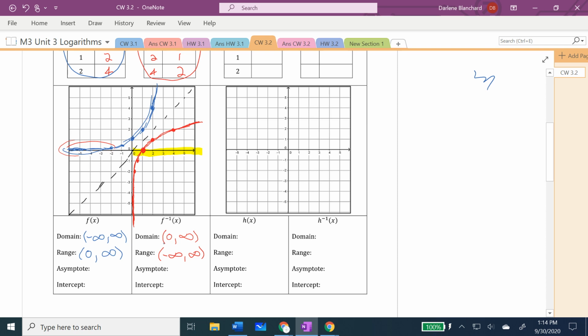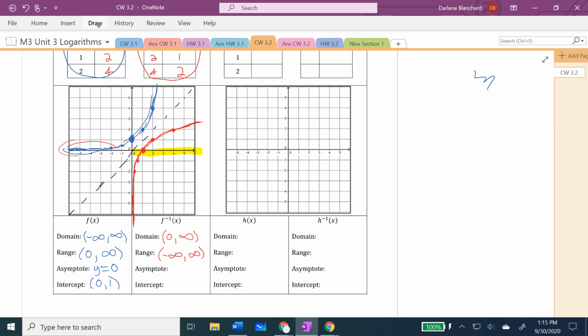So I want you to take a good look at how these are swapped domain ranges. On the exponential graph, you had a horizontal asymptote. The equation is y equals 0 for that horizontal asymptote. The intercept on your exponential graph is a y-intercept, so it is the point 0, 1.